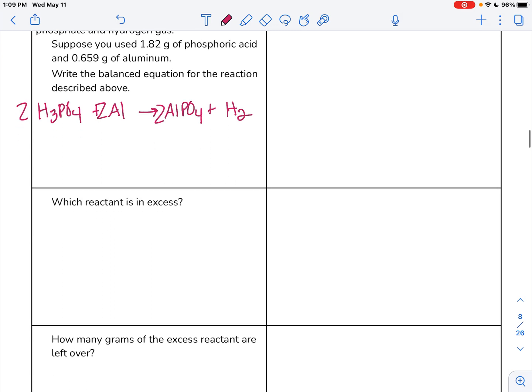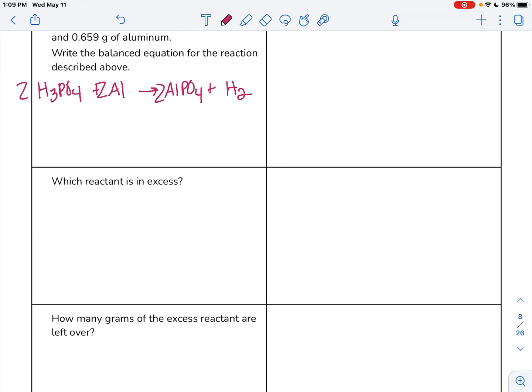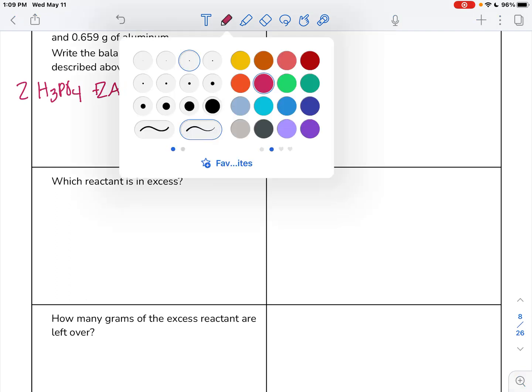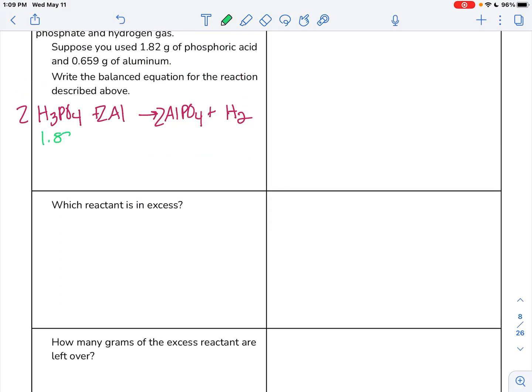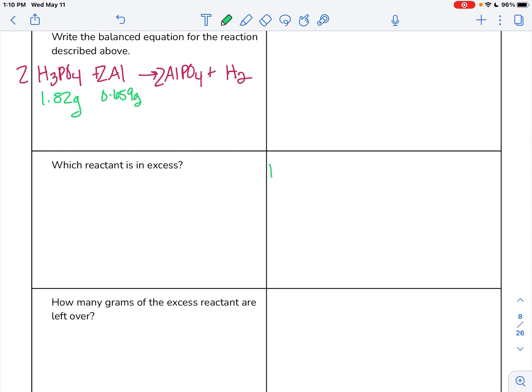So now we find out which reactant is in excess. Is it the acid or aluminum? We're going to do the same exact thing we did to figure out above which one was limiting, except we're going to pick the other answer. So I'm going to convert the grams, and I'm going to go ahead and write it underneath so that I have it easy to see, of each reactant into moles of that reactant, and then divide by the coefficient.